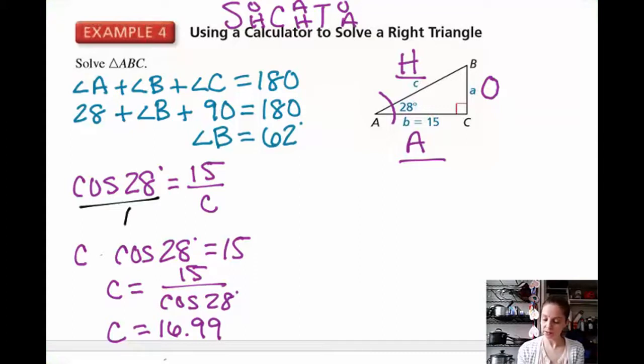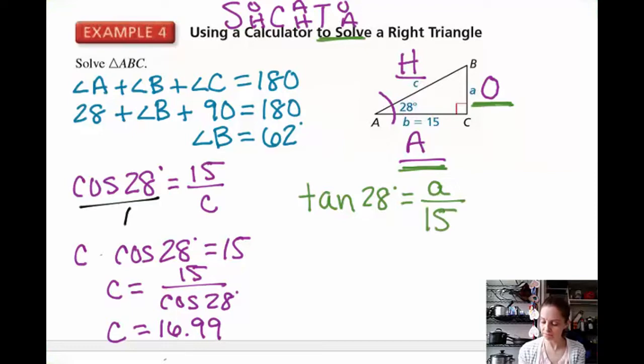And finally, we've got one more side, which is a. That is the opposite side of 28. I'm going to compare it to one of the given values. So O and A is TOA, so the tangent of 28 degrees equals the opposite, which is a, over the adjacent, which is 15.